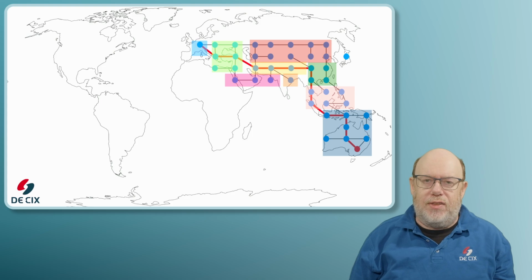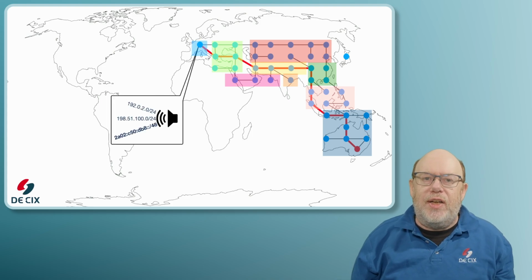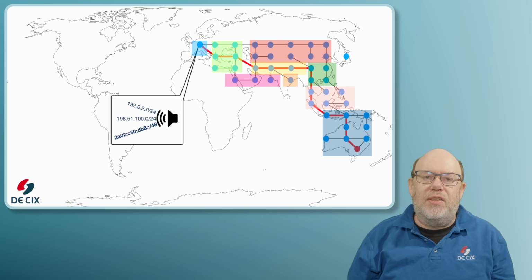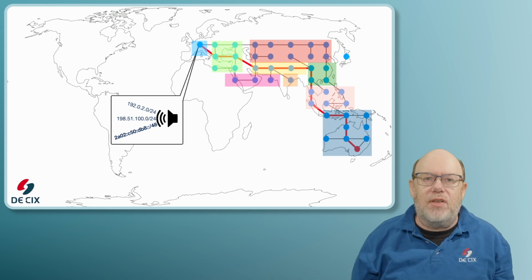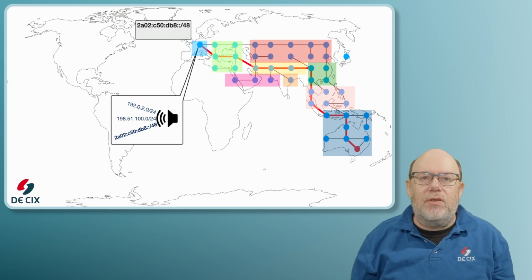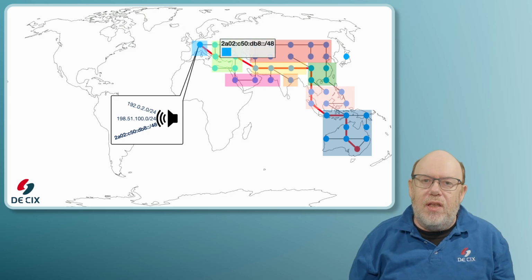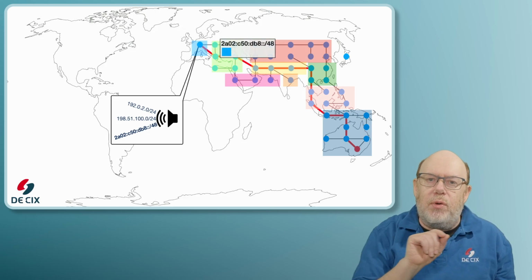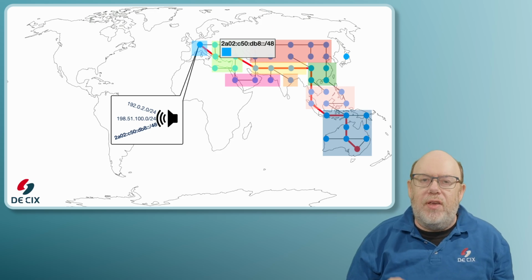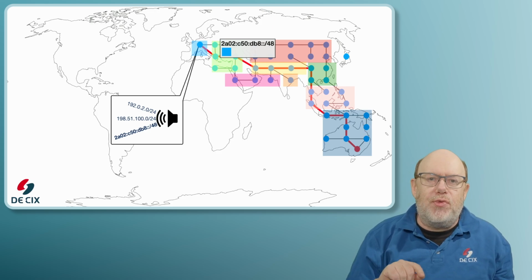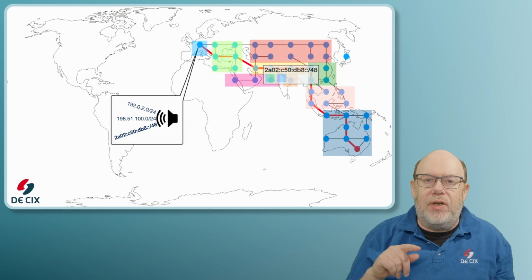If we have a look at that world map, again we have here my own network, and I'm announcing these 3 prefixes, and I announce it to my neighbor. And my neighbor receives the announcement and puts the information where he got it from into that announcement before re-announcing it to his neighbor.